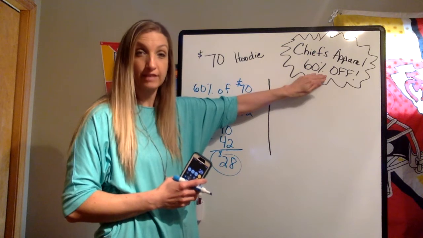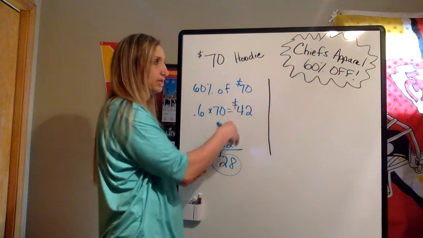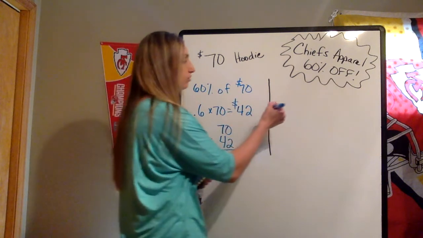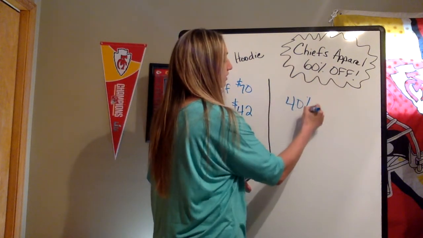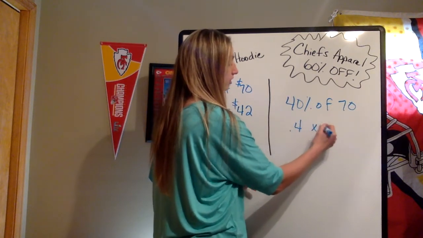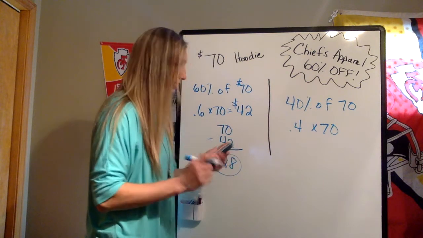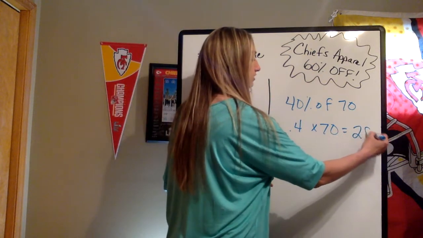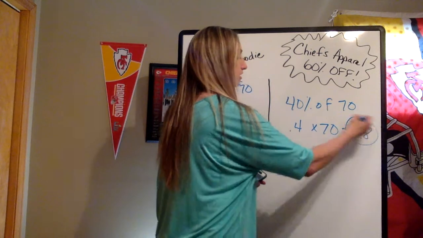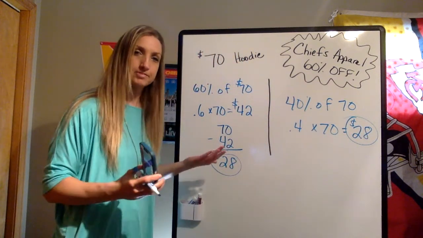We're actually paying for 40% of it. So instead of finding 60% and having to subtract it, we could just find 40% of 70. I punch in 0.4 times 70, and I get 28 in one step instead of two. Just another way to do it.